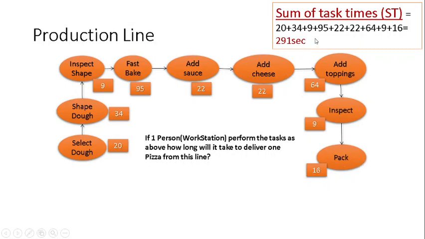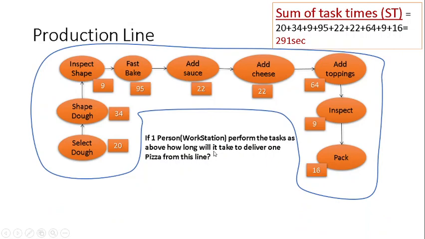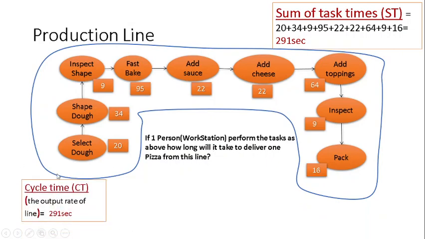So the cycle time, as we define it, which is the output rate of our line, is 291 seconds, which means that if one person here undertakes the entire set of tasks, then one pizza, one unit, is going to be produced from this line, from this setting, within 291 seconds.